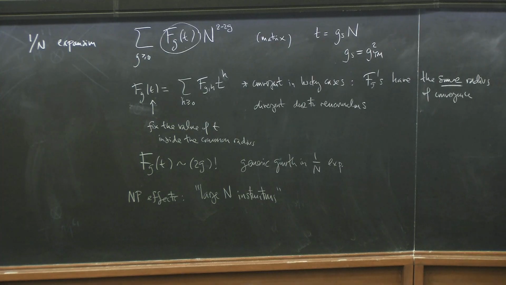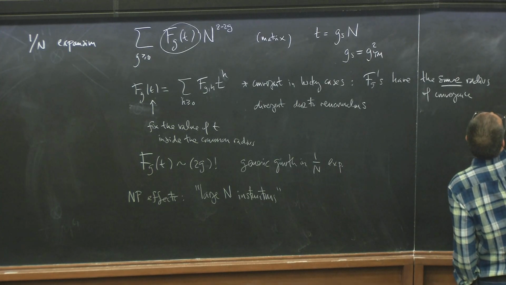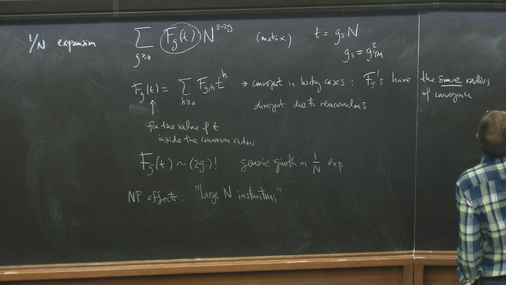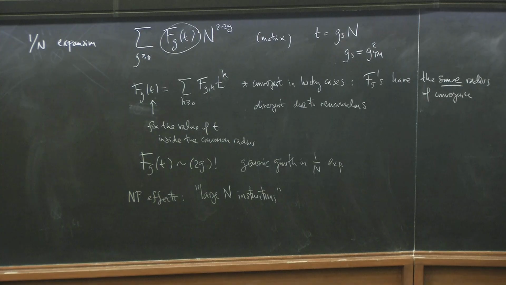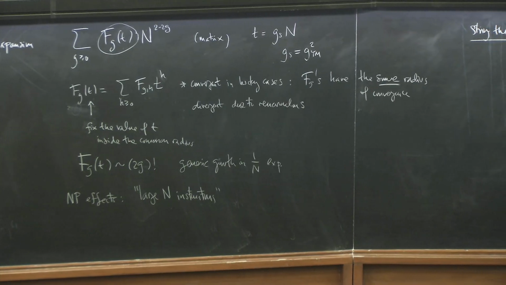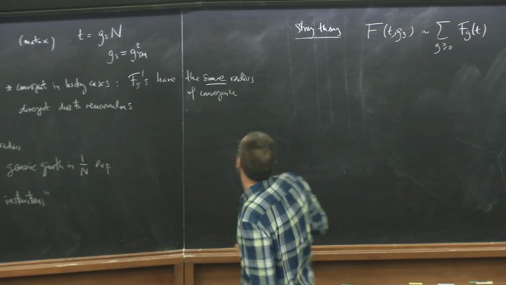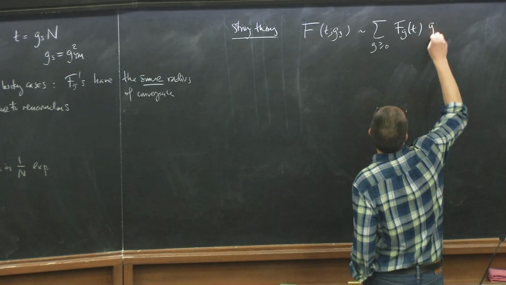Now in string theory, so this was in QFT, in string theory what we have is again amplitudes, let me write them like this. You will have the string coupling constant and moduli. Of course, I'm just simplifying my life with something simple. So again, this will have a very similar behavior, of course, as the 1/N expansion in matrix models and gauge theories.